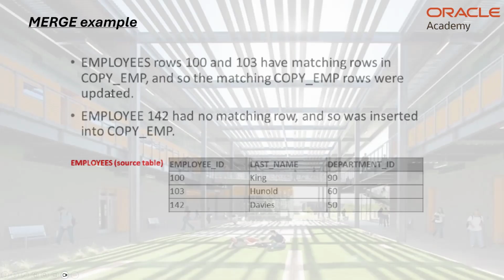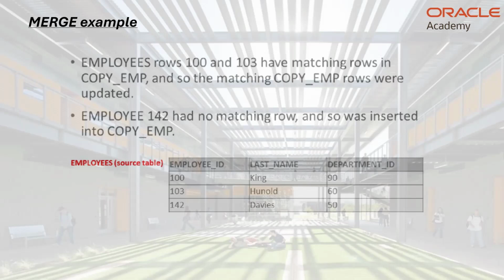All right, so that was my representation of an example to give you something to run. Well, let's take a look at this example. Employee rows 100 and 103 have matching rows in the copy imp table, so the matching copy imp rows were updated. Employees 104 and 142 had no matching rows, so we inserted. And this is the whole idea of using merge.